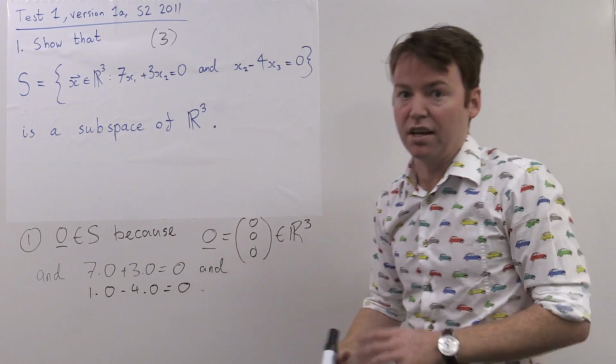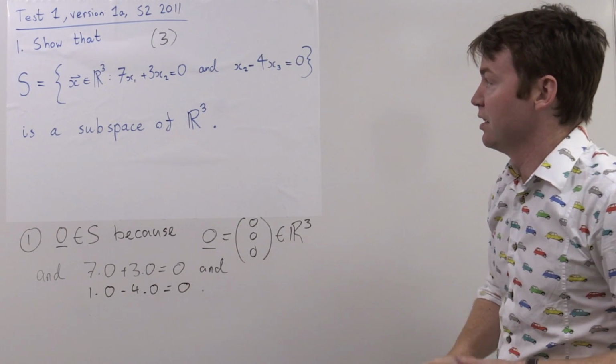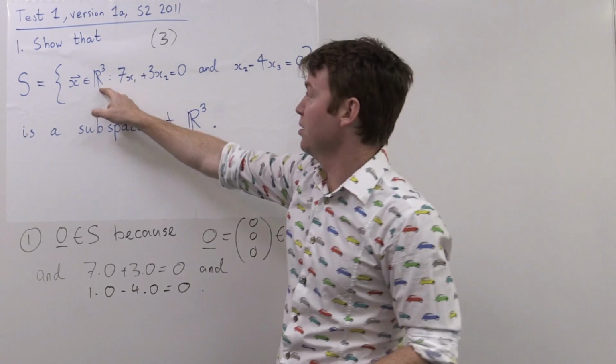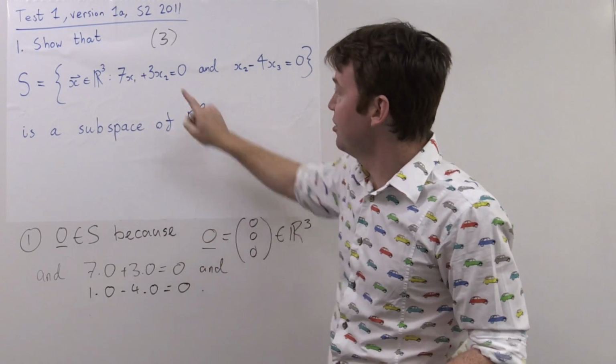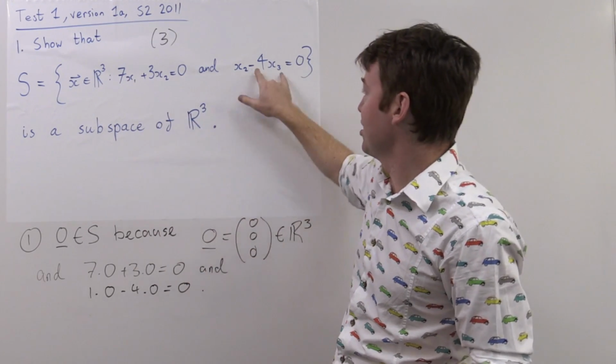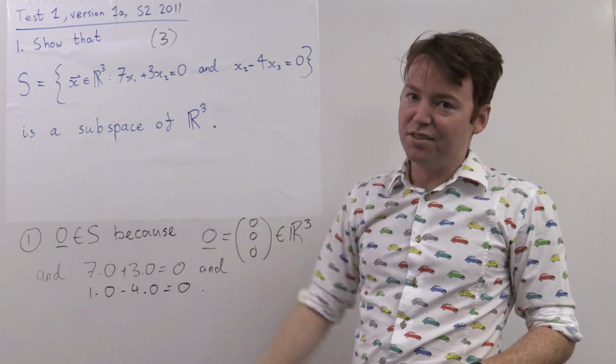These 3 things are what it means to be an element of S. You're a vector in R3, check. You satisfy this condition, check. You satisfy this condition, check. 0 is in S.